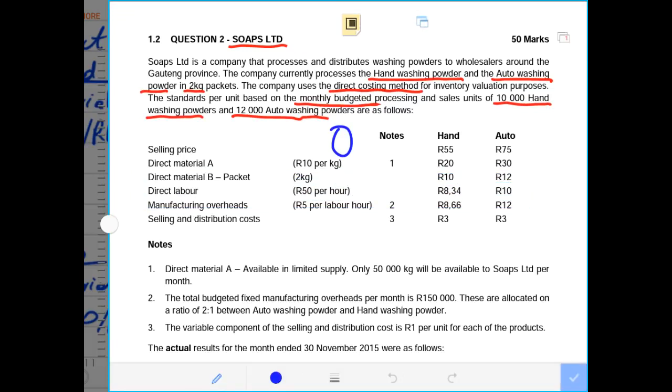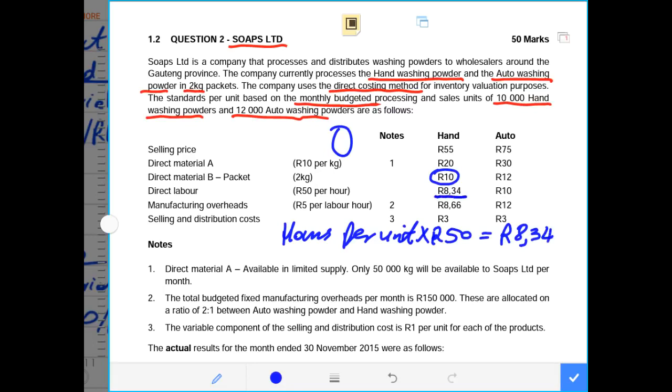But once again, one thing we know is that for us to get to the 10 rand, we would have said hours per unit times the rate, which is 50 rand. That will give us 8 rand 34 cents.